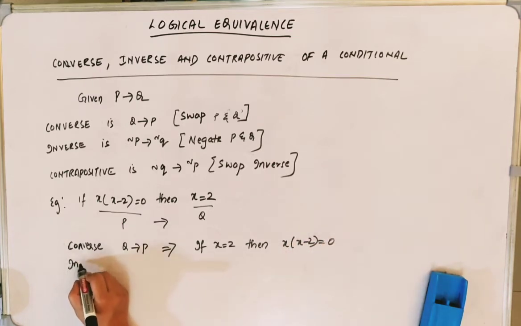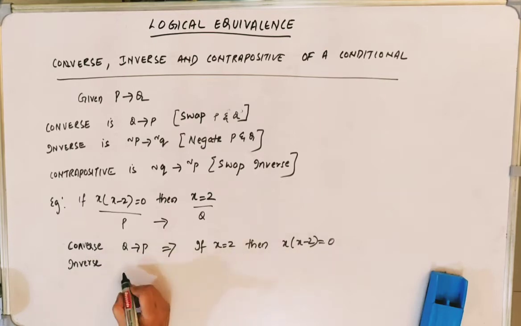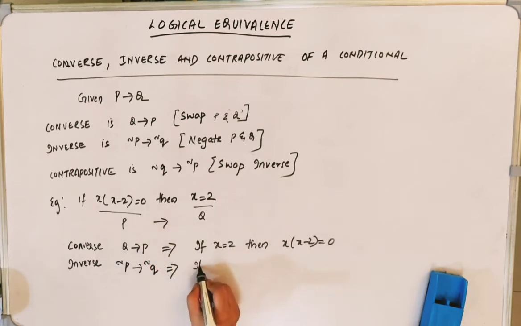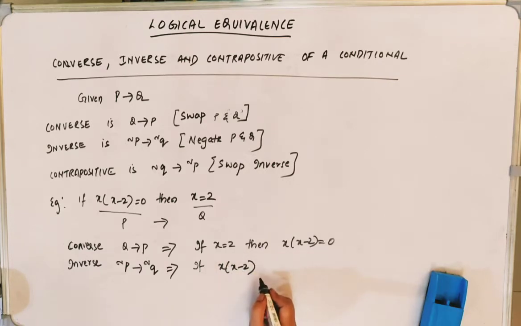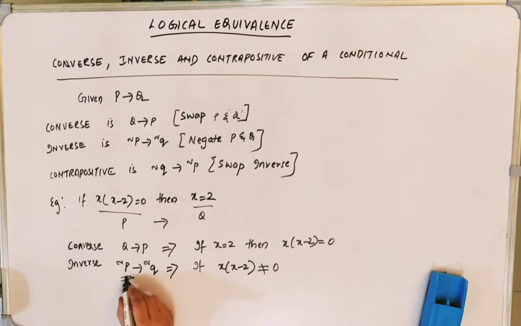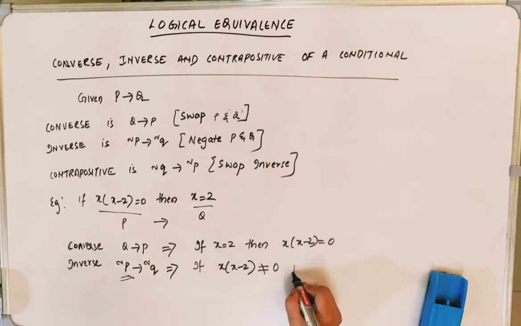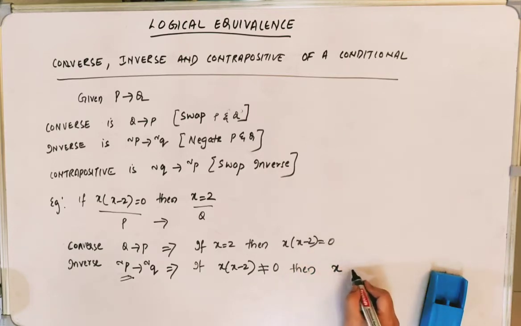What would be the inverse? Inverse is negate of P and negate of Q. So that will be, if x minus 2 is not equal to 0, because it's the negation of P, then x is not equal to 2.